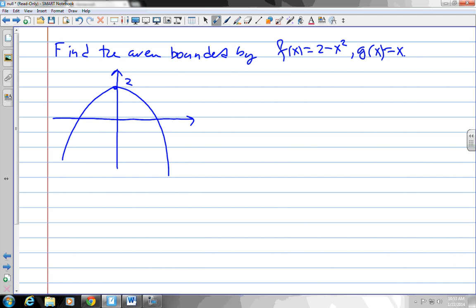And x is just a line that goes through the origin. Is that okay? So we're looking for this area right here, the area of this shape.